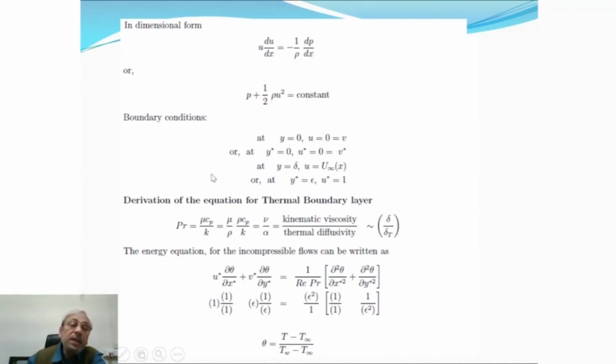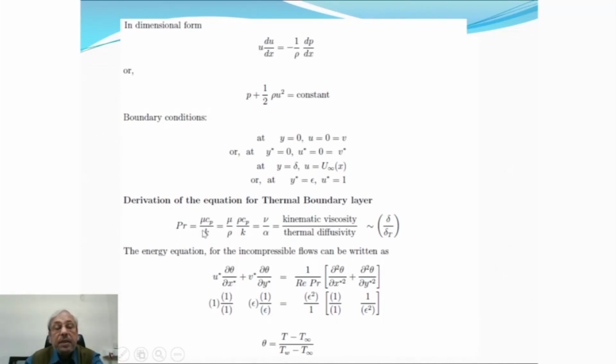Non-dimensional velocity. Now, from here, we can attempt to derive thermal boundary layer equation. In order to derive thermal boundary layer equation, we have to first take help from definition of Prandtl number.